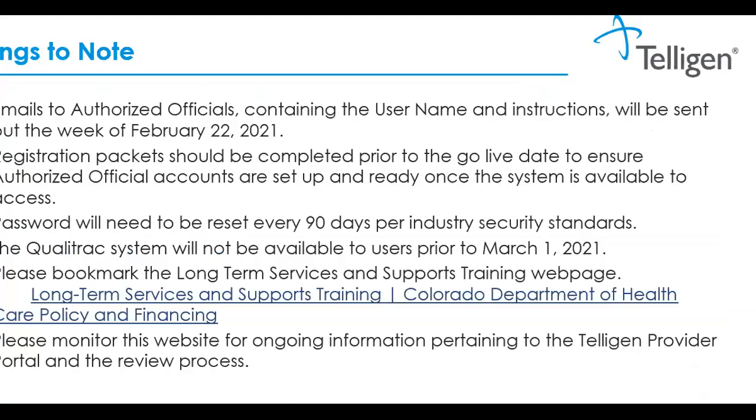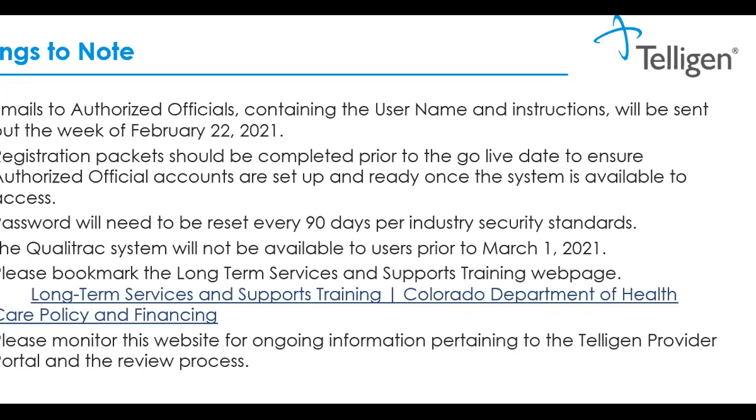Okay, so a few things to note. For those of you that go through the process of filling out the packet and the information, you'll notice that it says your account will be set up within 3 to 5 business days. And that's our normal process and the time we need to get an account set up. Because this is a new implementation and the system will be live starting March 1st, we're recommending that you get your packet filled out, get that information back to us, but we won't send any of those emails back out to the authorized official with their username and their activation link until the week of February 22nd.